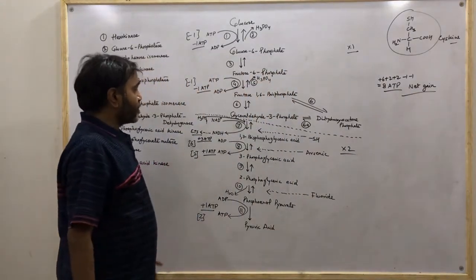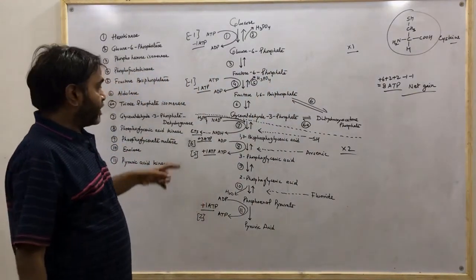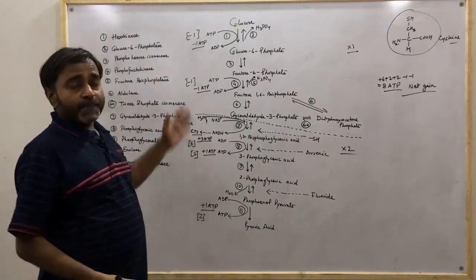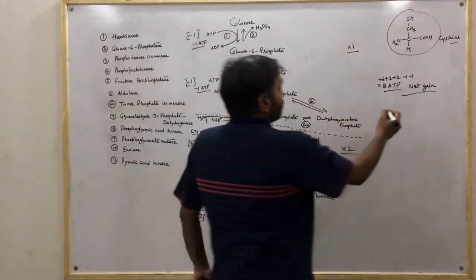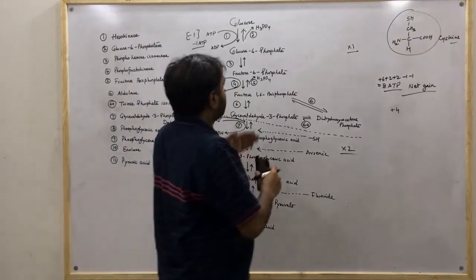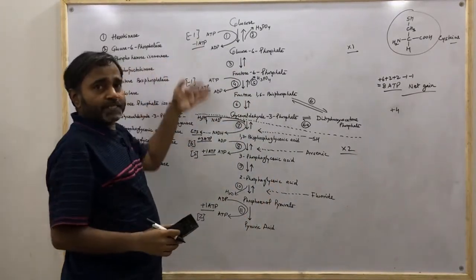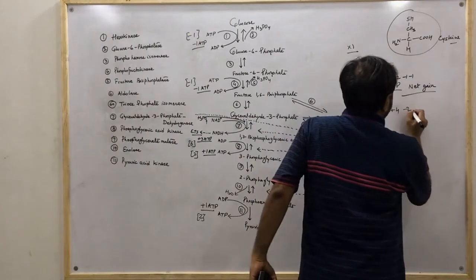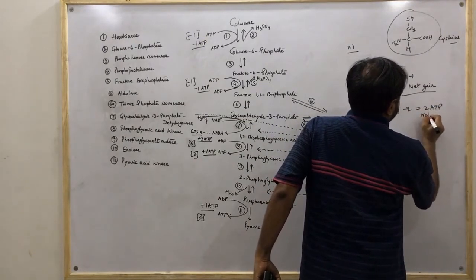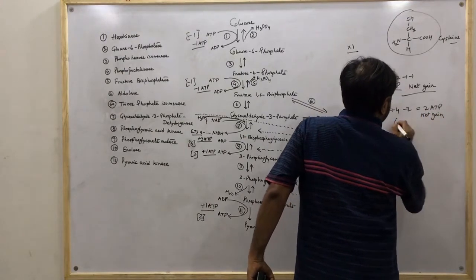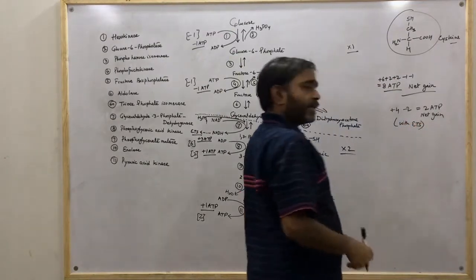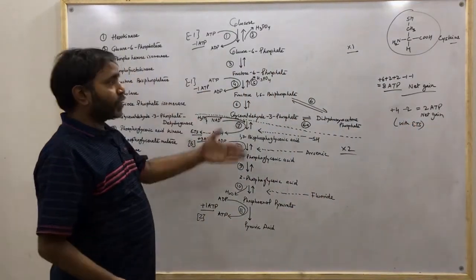But one thing we must remember: suppose somebody asks what the net gain of ATP is in glycolysis without going into the electron transport system, then it will be 2 ATP, because 4 ATP will be obtained from these steps and 2 ATP will get lost in these steps. So we will write 2 ATP net gain in case without ETS, in case the electron transport chain is not used.